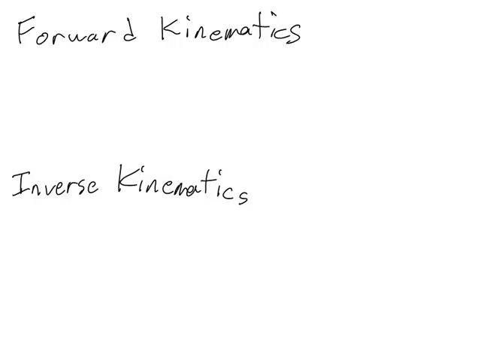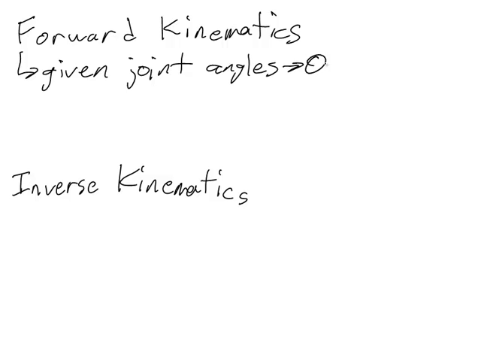Up until now, we've been focusing on the aspect of kinematics that's called forward kinematics. In forward kinematics, you are given the joint angles. The joint angles are things like theta 1, theta 2, d1, d2.